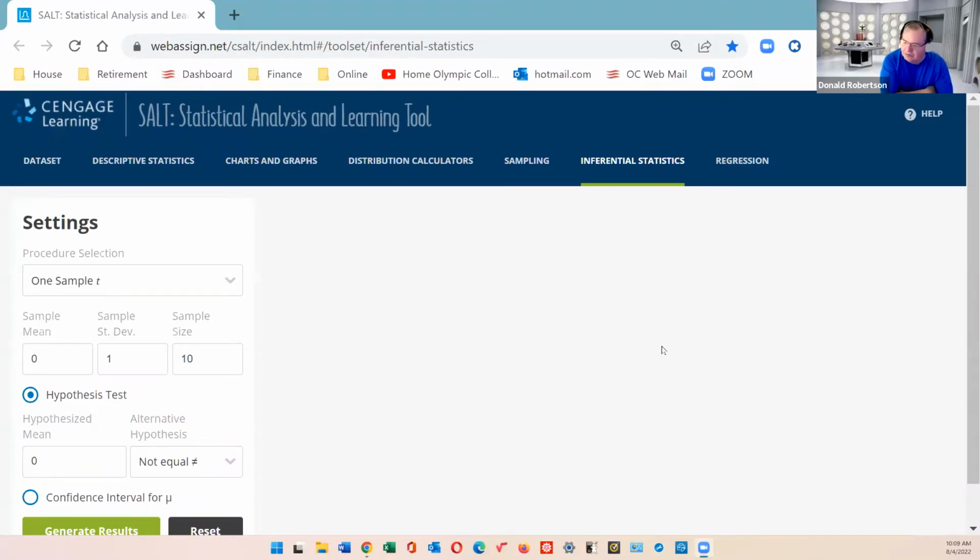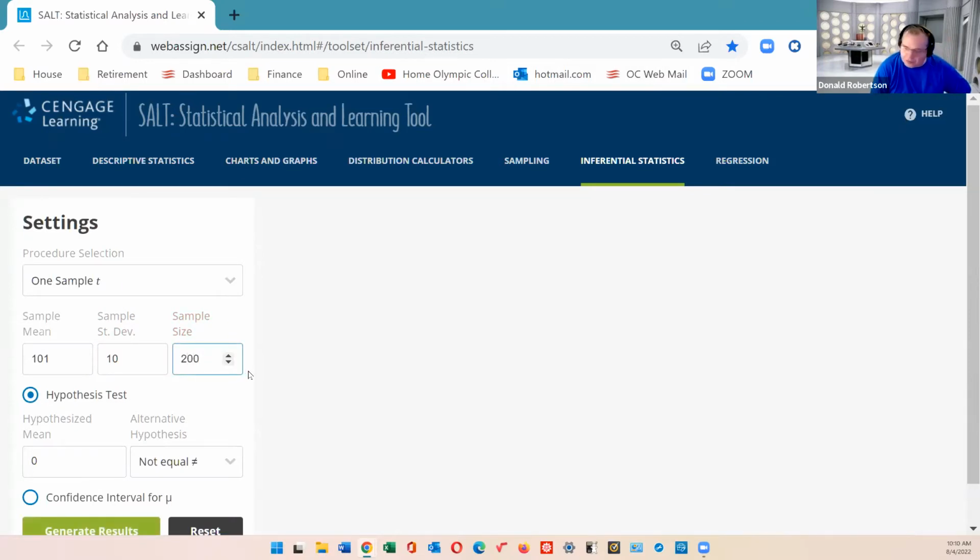So what you see on the screen in front of you is what we're testing here: is the population of Scotland bigger than 100? That's what we're going to be testing. So we go to inferential statistics, a one sample T. You enter the mean of the sample, which in our case was 101, the standard deviation of the sample, which was 10, and the sample size, which was 200.